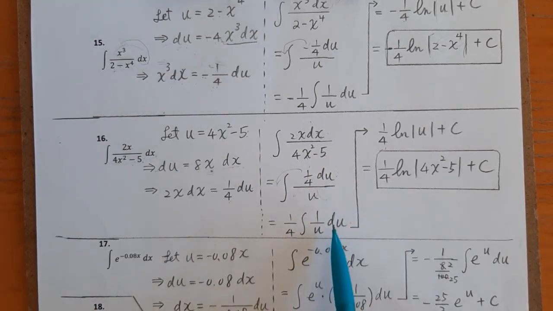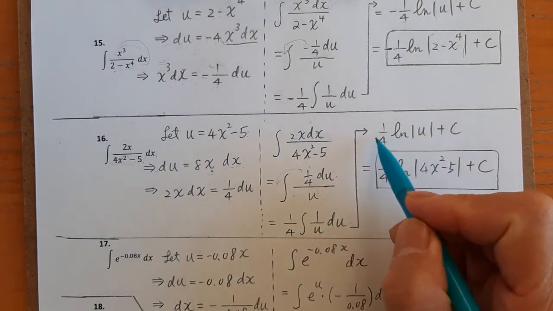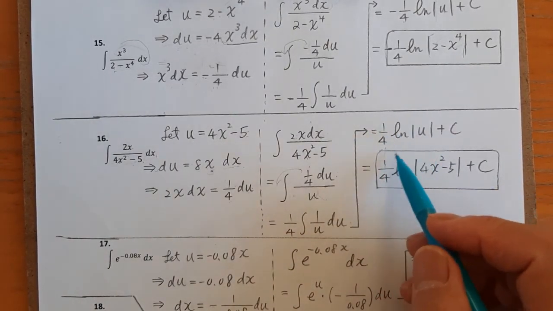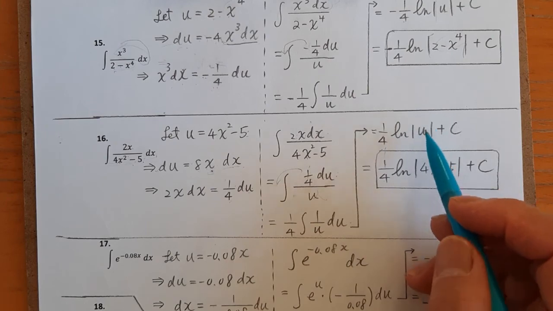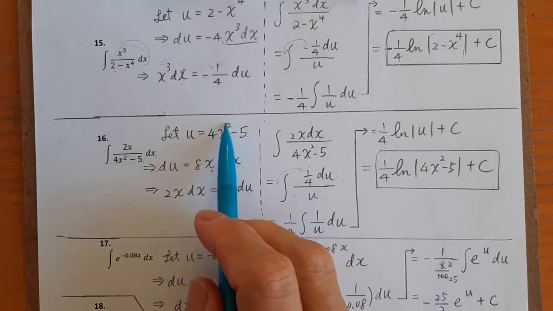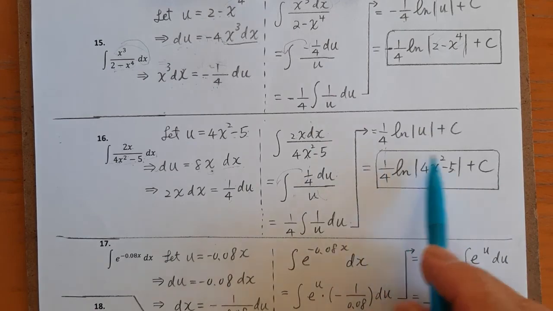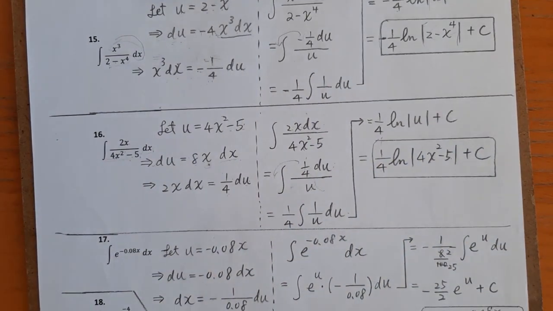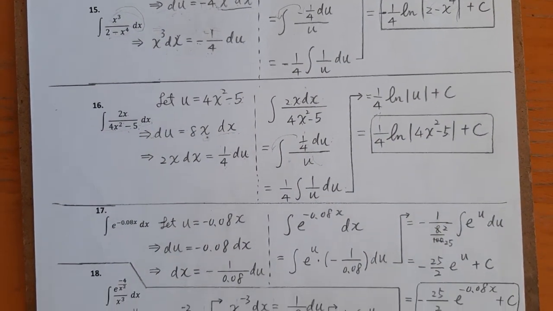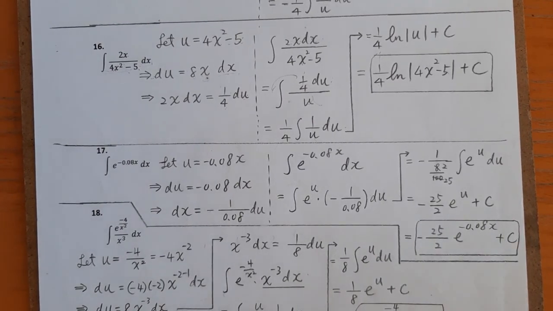Integral of 1 over u du is ln u. So equal to 1/4 times ln absolute value of u. Then u sub back. u is 4x squared minus 5. Substitute into u. Go back. So, next one.